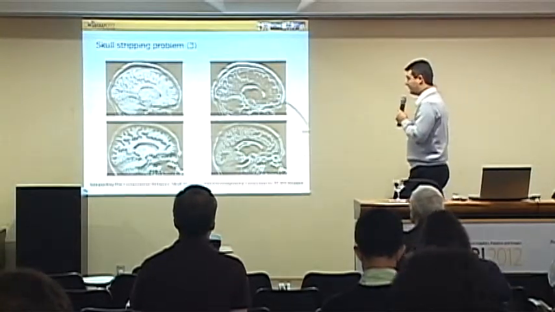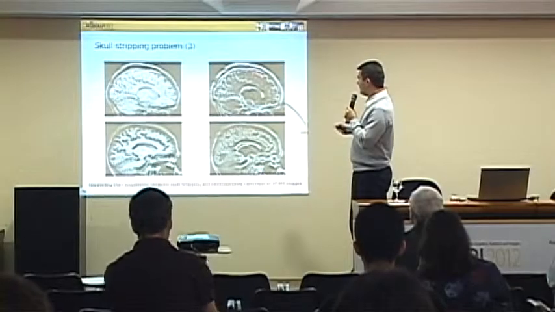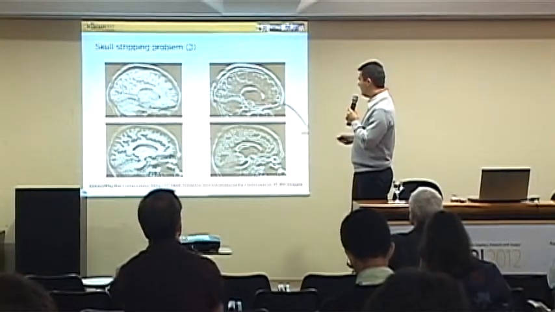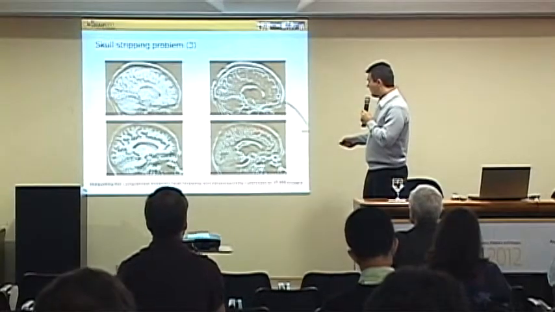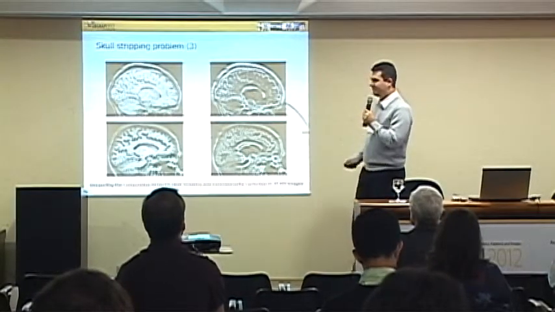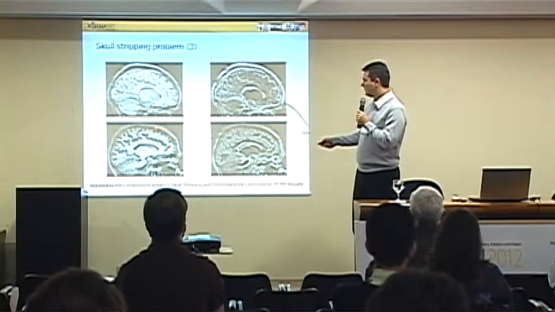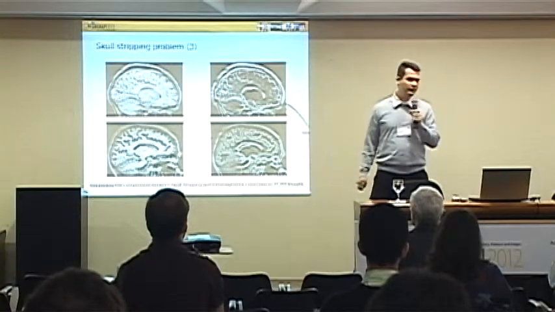Here we can see an image of the gradient of both images. In the 2 Tesla image, we can see that the cortex all around the brain is very well defined. It's a very strong gradient here. On the other hand, in the 3 Tesla image, this strong gradient is not of the cortex, as we call the boundary between gray matter and cerebrospinal fluid.